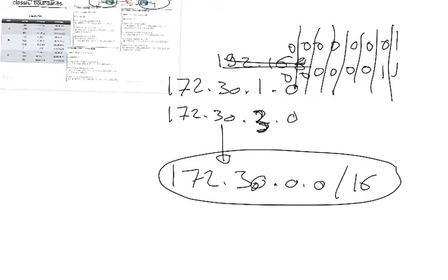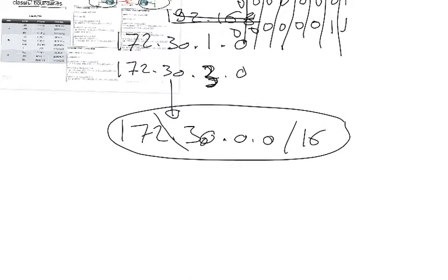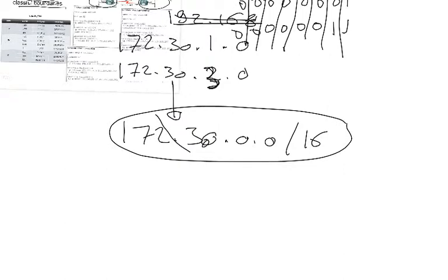OSPF does support classless summarization, in which case this particular example can be summarized in one of these prefixes, which means that you can use 172.30.0.0/17 or /18 or /19. So in that case, you have more flexibility. But the auto-summarization for EIGRP by default uses classful boundaries.